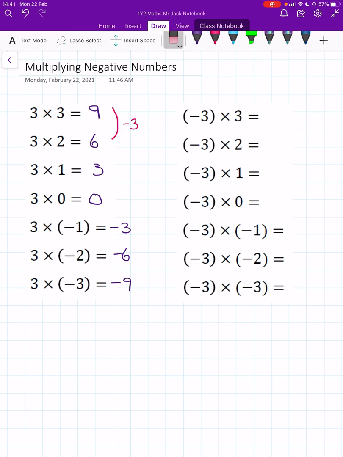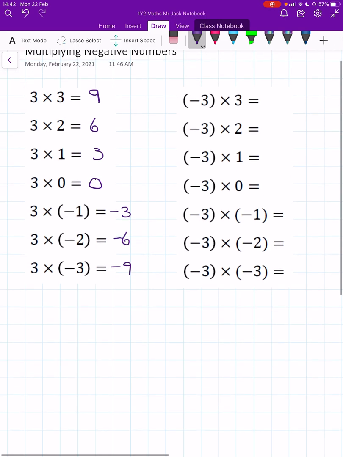Let's have a look at this next one over here. Can we get a rule from that? Before we look at the next column, let's see if we can work out what's going on here. We've got a positive number times a positive number, positive answer. Positive number times a positive number, positive answer.